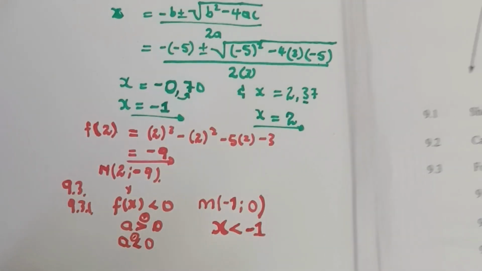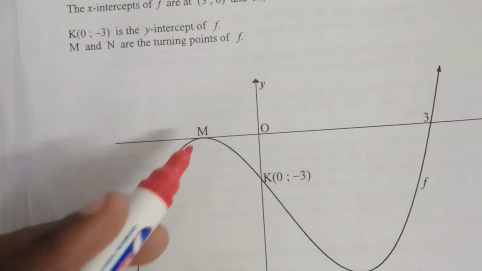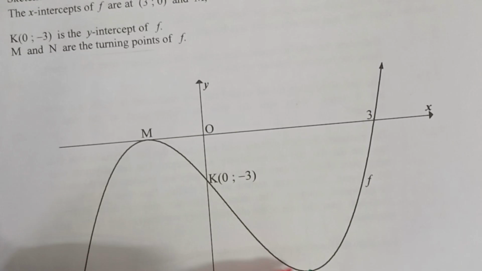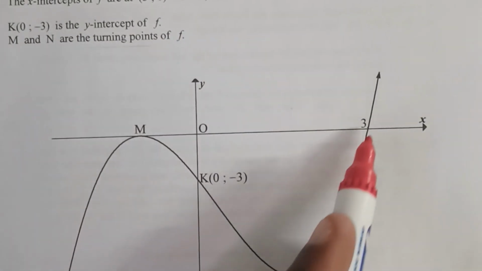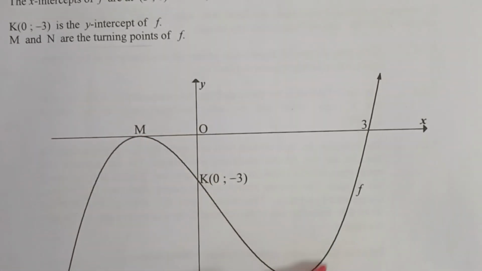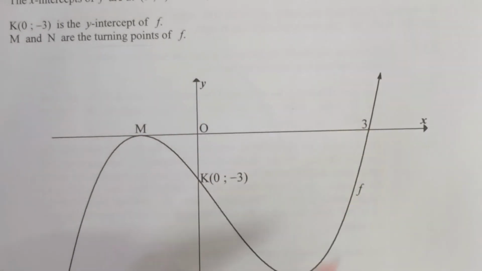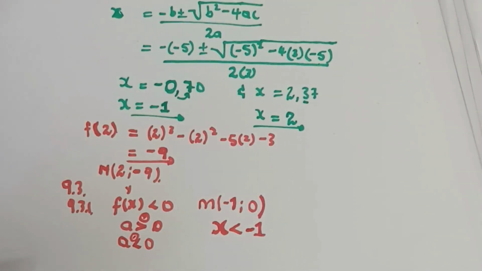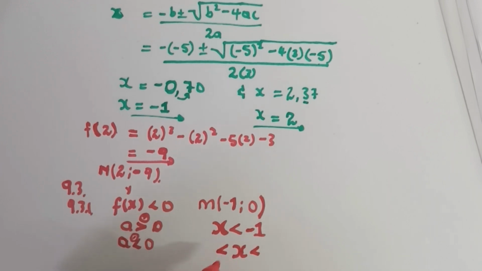And then let's try to find our next x value. If you take a look here, this graph is negative all the way to there. So now we should say our x is in between -1 and +3.